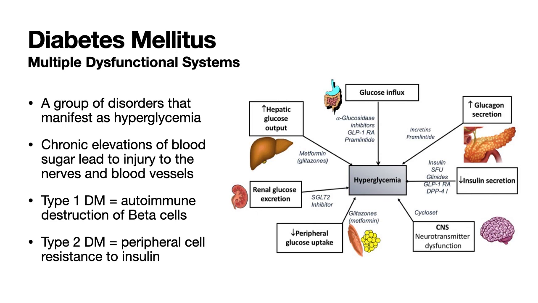Patients with type 2 diabetes mellitus have an exaggerated release of glucagon, and that spells disaster because that leads to highly active glycogenolysis and gluconeogenesis, which will increase the output of glucose into the blood. Patients with type 2 diabetes mellitus have relatively low insulin secretion compared to patients which have normal pancreatic physiology.